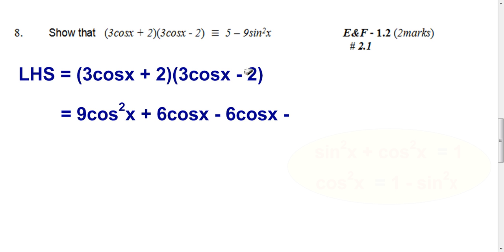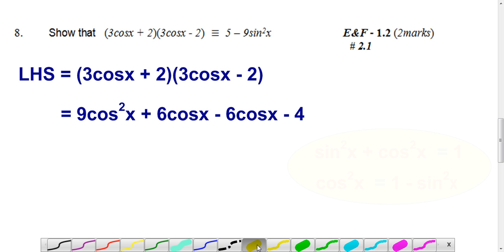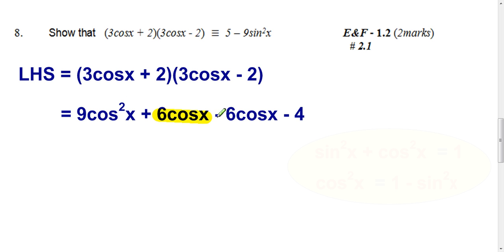And then at the end, 2 times minus 2 is minus 4. So what you should see happening there is that this and this are going to cancel each other out, which just leaves you with this here, 9 cos squared x take away 4. And you get a mark for that.